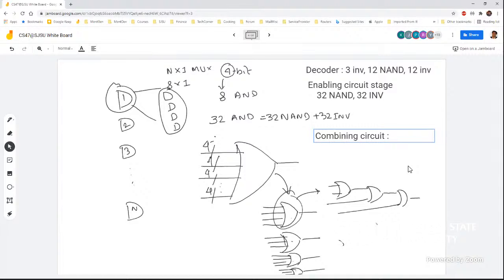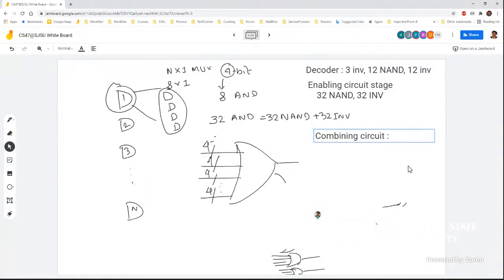My bad. That's what I was thinking. So we are talking about 8 of them, right? Because this is 8 lines. This is an 8x1 multiplexer. So these are 8 lines, individual lines coming in. So we are talking about 8.